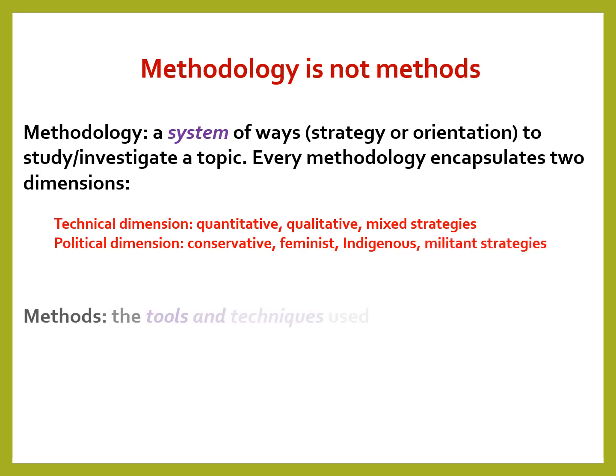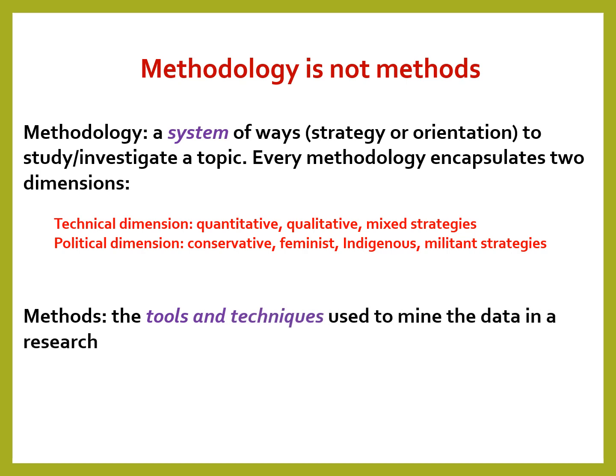Basically, whether we recognize that or not, every methodology encapsulates two dimensions. One is more technical and the other political. By the technical dimension, we mean what is generally defined as quantitative, qualitative, or mixed methodologies or strategy. I will talk about this briefly in the next slides.